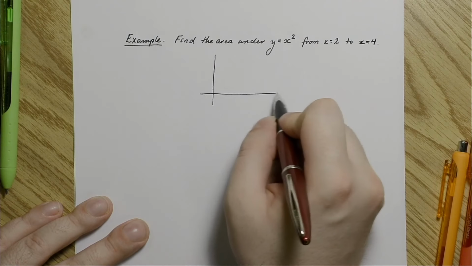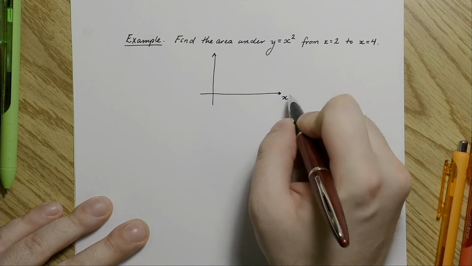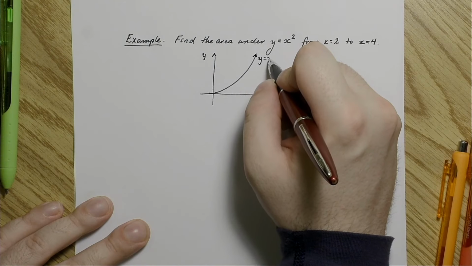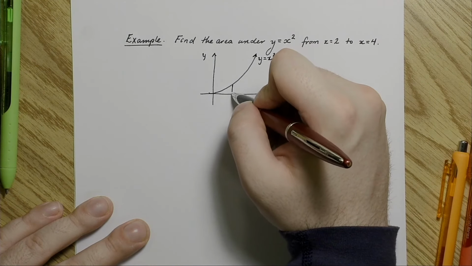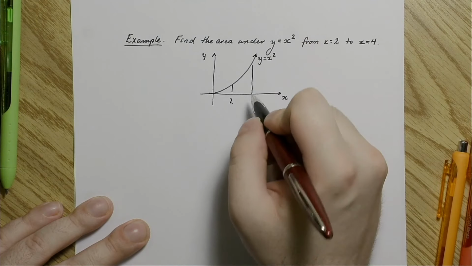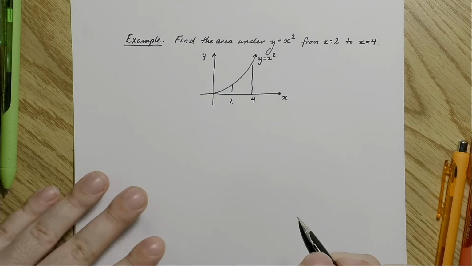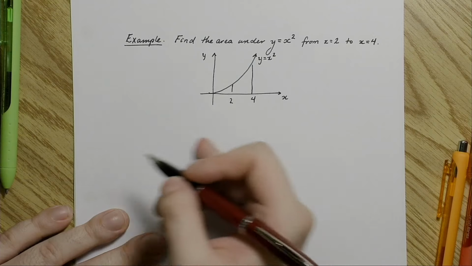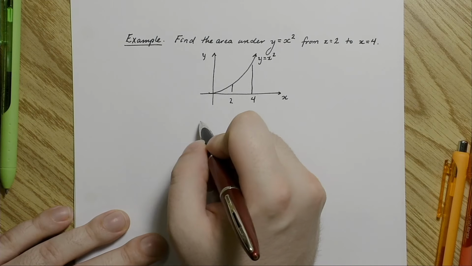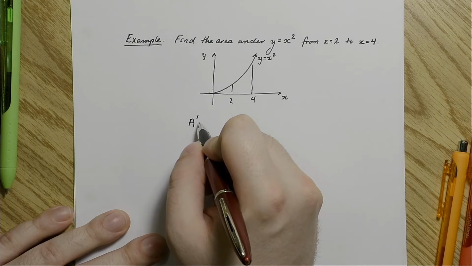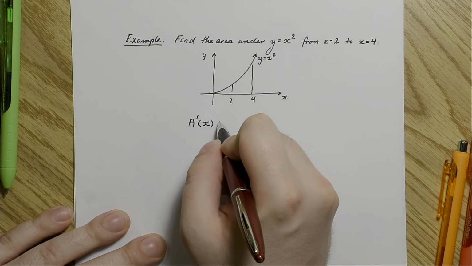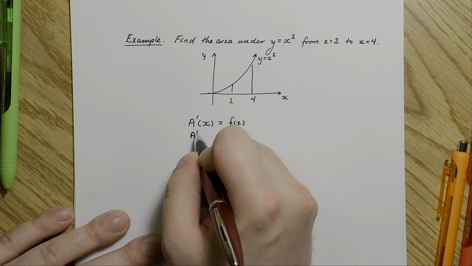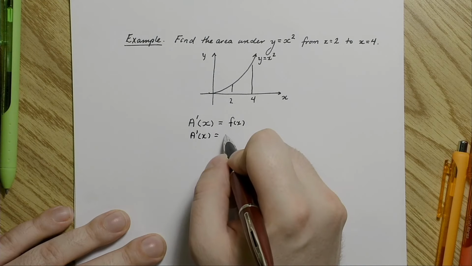What it's asking for is something like this. So there's y equals x squared, and here's 2 and up to 4. So we know that the derivative of the area is equal to the original function f at x, which in our case here is x squared.